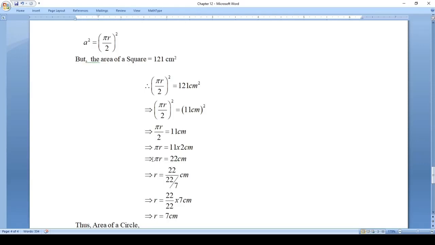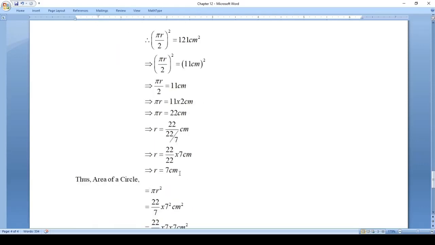But what is below pi? Below pi is again 22 by 7. Now r will be 22 by 22 by 7. It will be 7 by 22. That means 22 with 22 will get cancelled. You will have r equal to 7 centimeter.